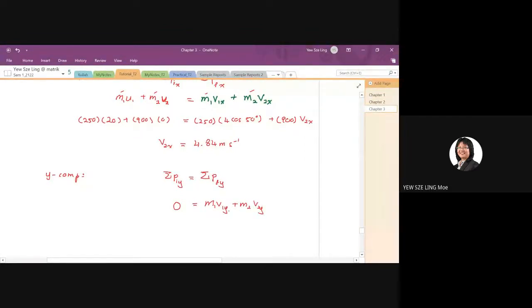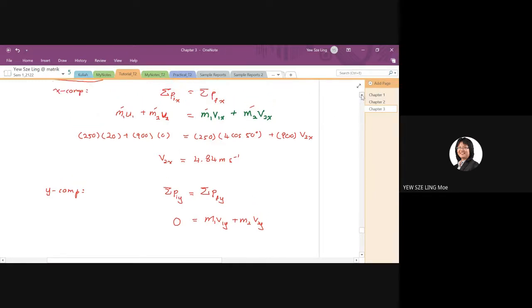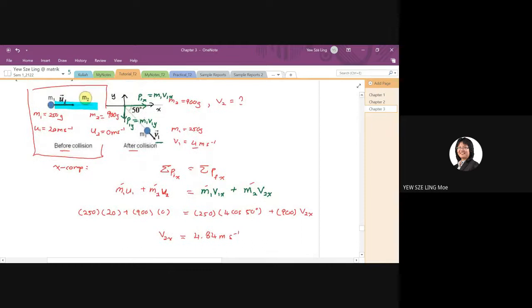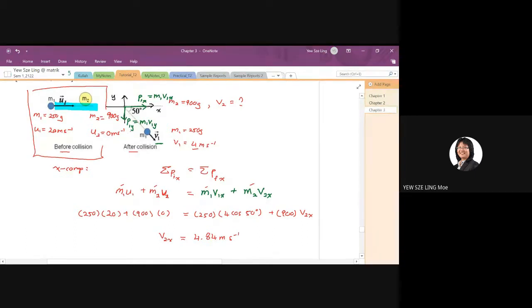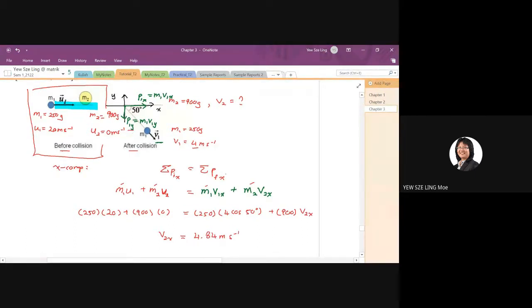I can write 0 because the diagram shows clearly that there's no y component before collision. And for the final, yes, we do have a y component. By looking at the diagram, v1 is moving in between x and y, so p1 itself already has a y component.